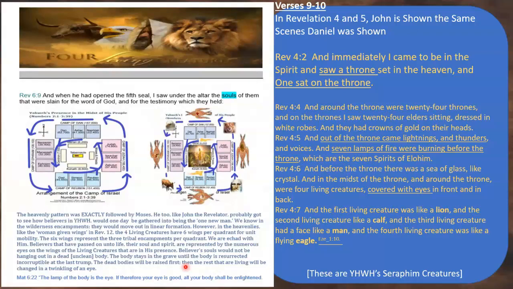We also read in Revelation 6:9, and when he had opened the 5th seal, I saw under the altar the souls of them that were slain for the word of Elohim and for the testimony which they held.